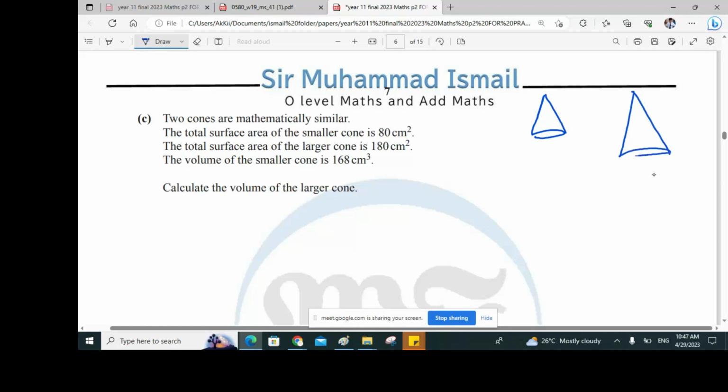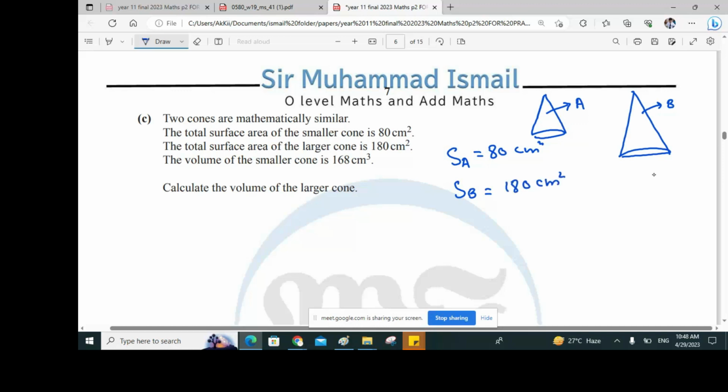For the small cone I'm taking it as A and this one as B. The surface area of the small cone is equal to 80 centimeter square, and the surface area of the large cone is equal to 180 centimeter square.